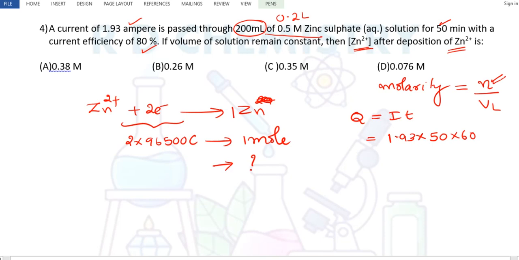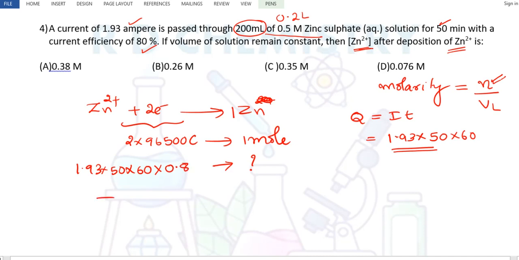But the current efficiency is not 100%, it is only 80%, so you have to multiply by 0.8. So coulombs are 1.93 into 50 into 60 into 0.8.